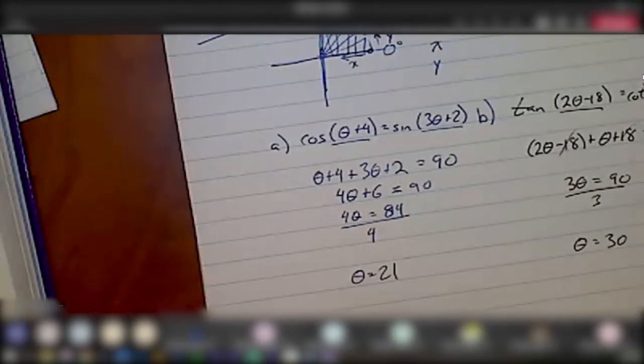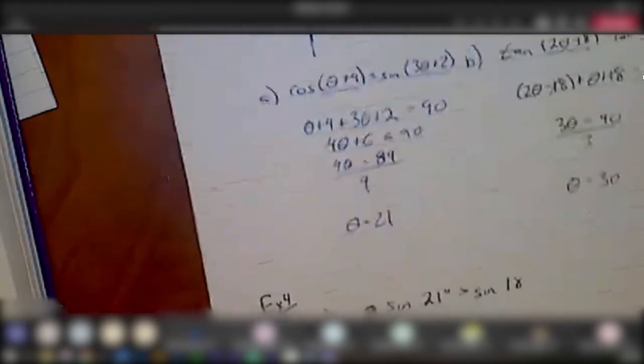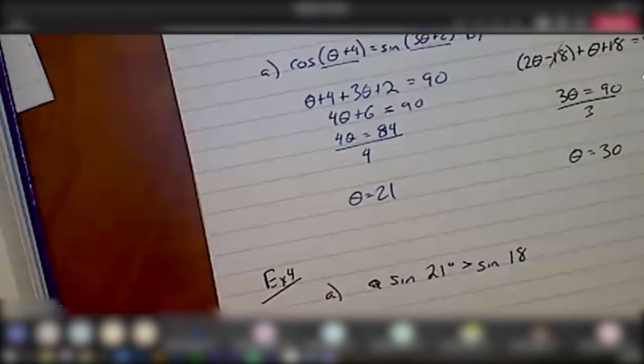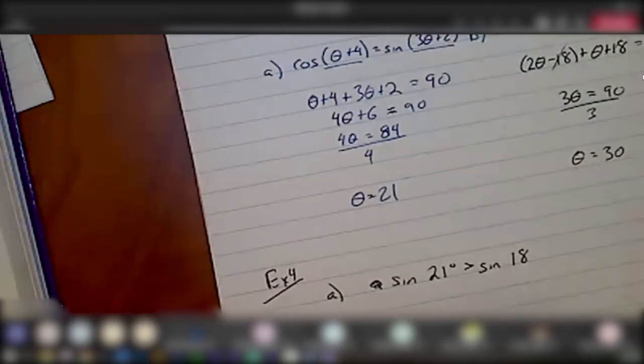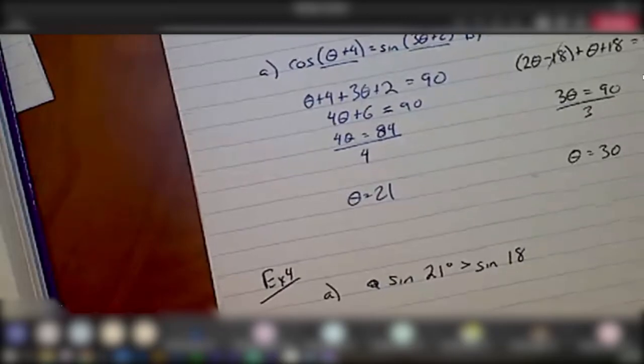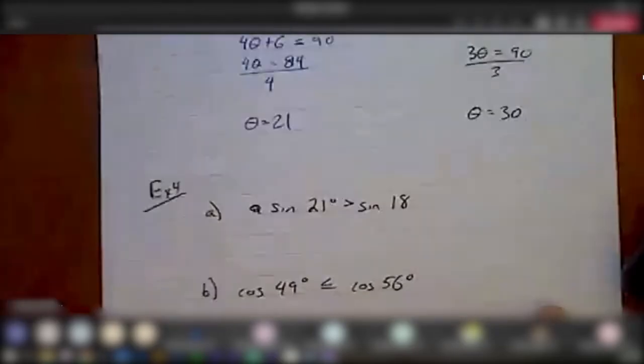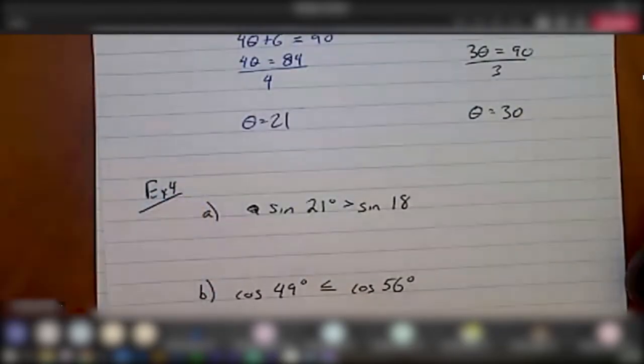A: Is sine of 21 degrees greater than sine of 18 degrees? B: Is cosine of 49 degrees less than or equal to cosine of 56 degrees? I'll let you copy those.